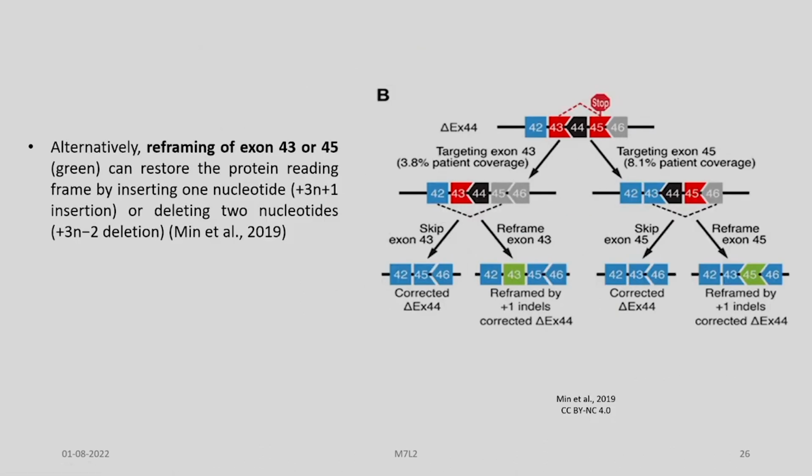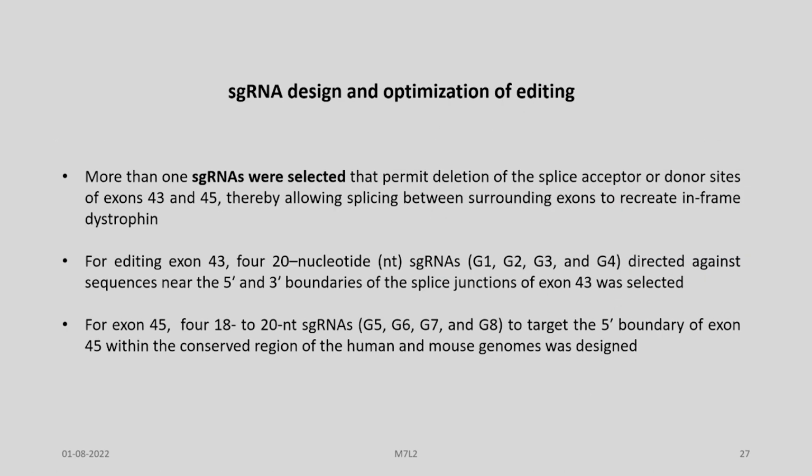Alternatively, reframing of exon 43 or 45, which you can see in green color here, can restore the protein reading frame by inserting one nucleotide or deleting 2 nucleotides. So, you have a plus 3n minus 2 deletion or a plus 3n plus 1 insertion in these cases.